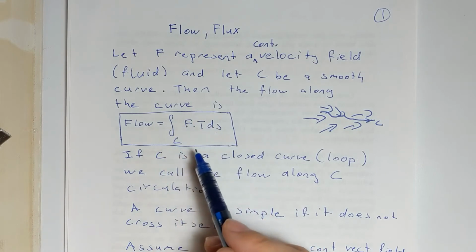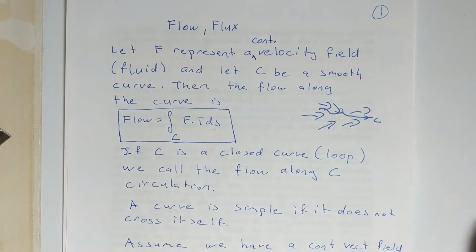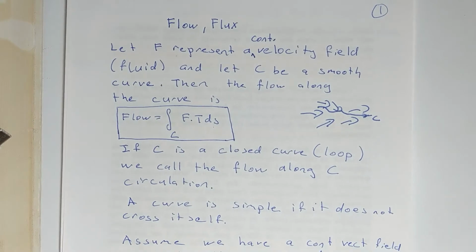We derived a whole bunch of formulas last time on how to evaluate integrals of F dot T ds, and it's the same stuff. Instead of the work, when you have a velocity field, it's the flow.